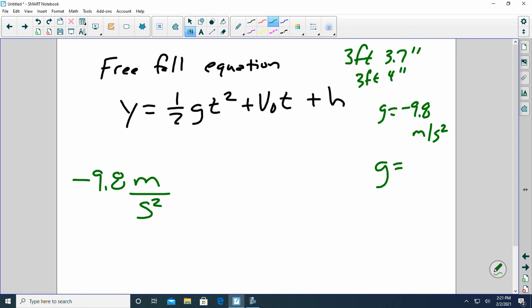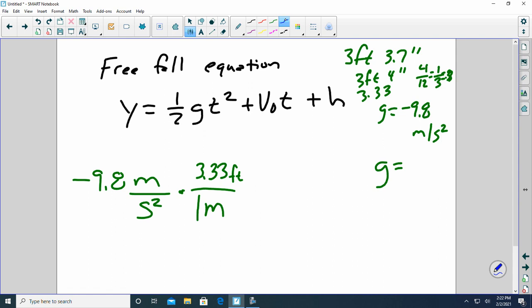Okay, 4 inches is the same thing as 4 over 12. 4 over 12 is the same thing as 1 over 3. Agree? 1 over 3 is 0.33. So 3.33 is going to be that. So I'm going to get rid of meters. So I have 1 meter is 3.33 feet. Is that okay?